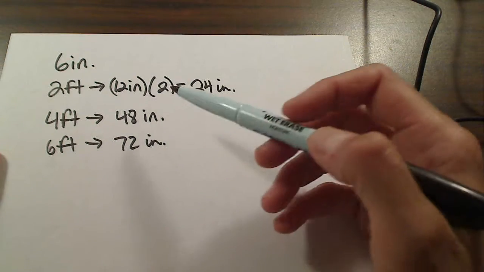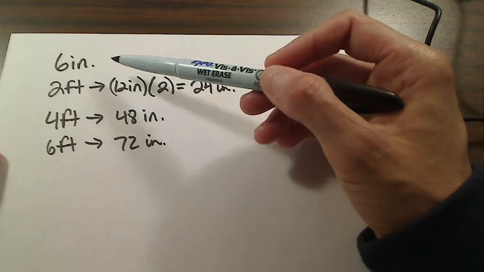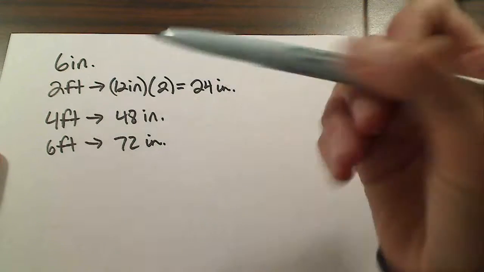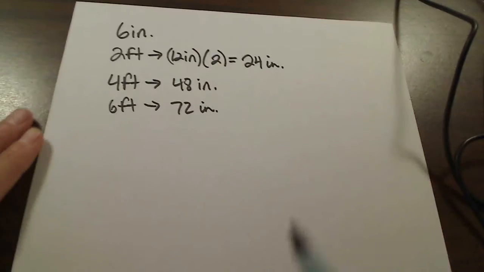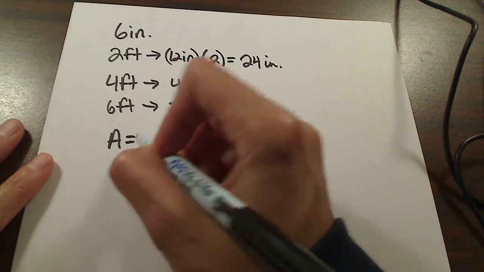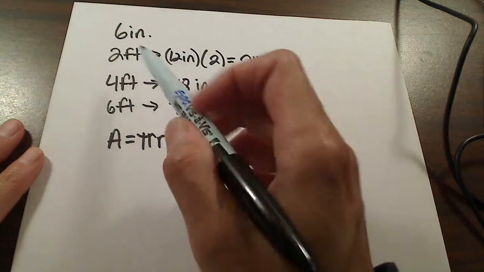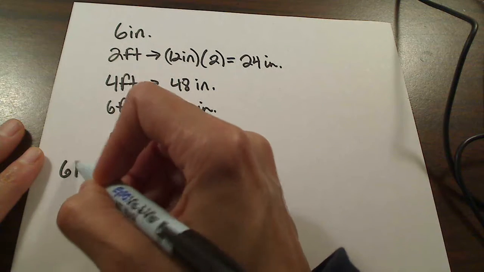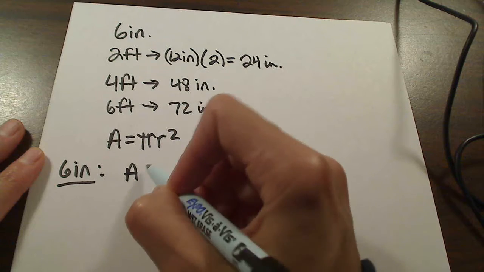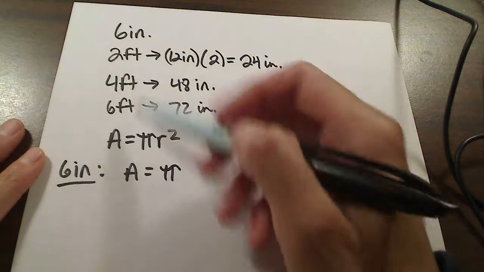All right, so let's go ahead and actually calculate the area for each of these circles. If you remember, the area formula for a circle is pi r squared. So for the 6 inches, the area is going to be pi times the radius, 6 squared, because these are all radii.